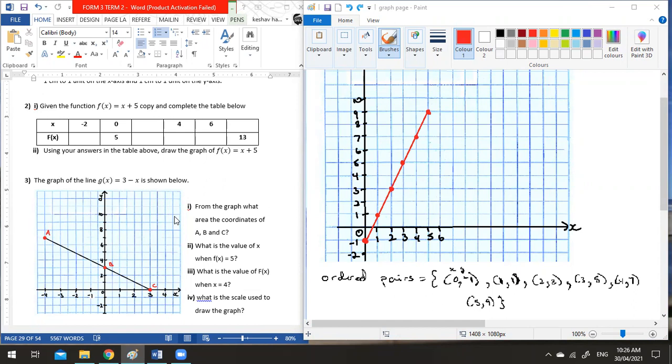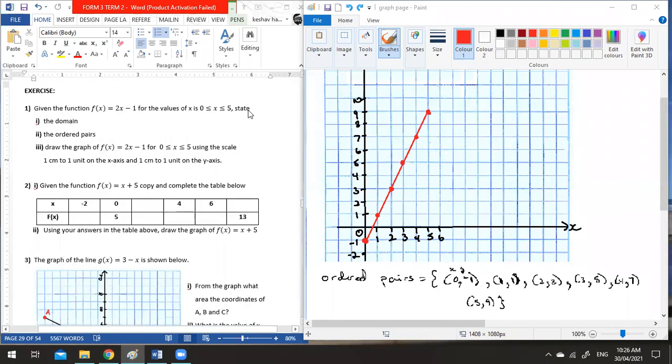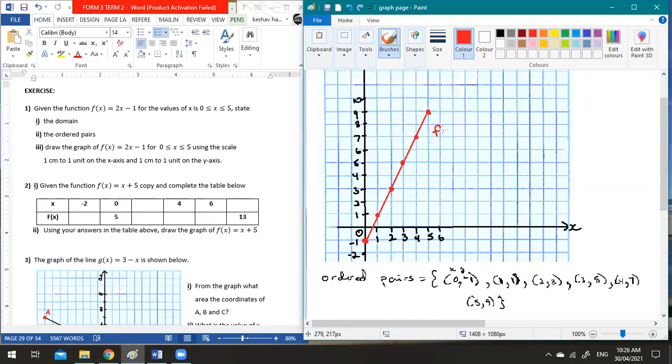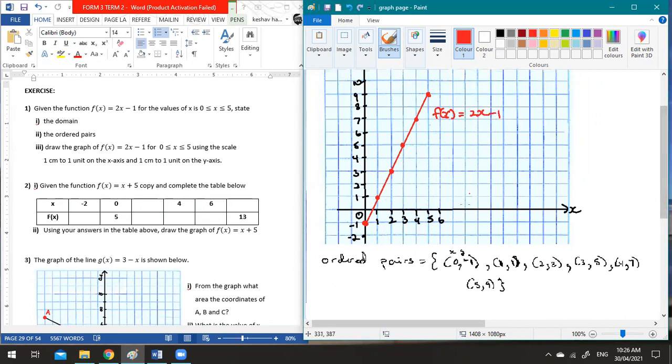What am I missing from the graph though? What am I supposed to write that I didn't write? The scale? What information is missing? So the function, right? The function is f of x is equal to 2x minus 1, and you write the scale.